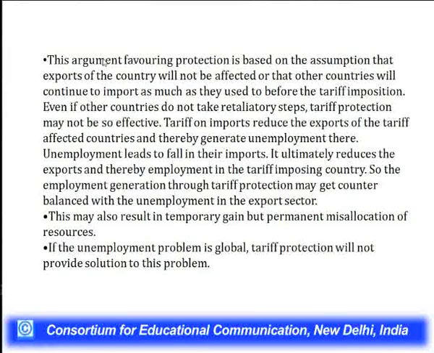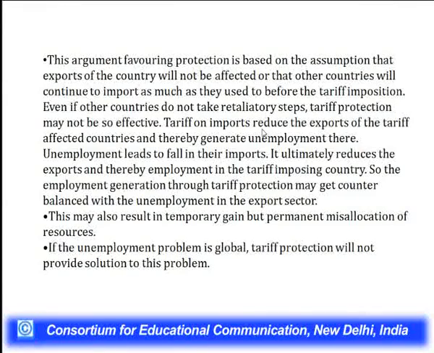This argument favoring protection is based on the assumption that exports of the country will not be affected, or that other countries will continue to import as much as they used to before the tariff imposition. Even if other countries don't take retaliatory steps, tariff protection may not be so effective.